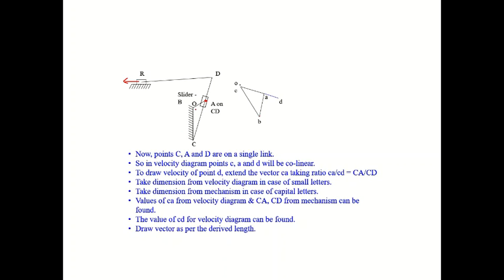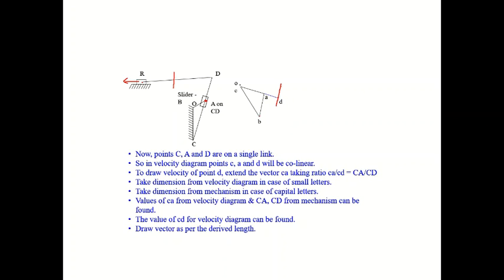So we have drawn the perpendicular line for OA, the parallel line for the slider, and the perpendicular line for CD. Still RD is pending. So now from D, draw a perpendicular line for RD. I don't know the length, you just draw the perpendicular line.